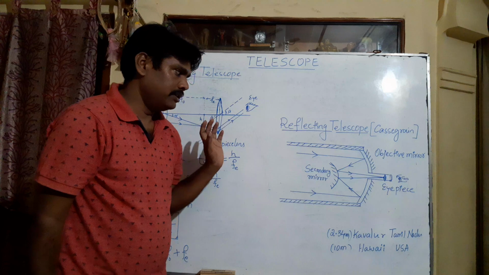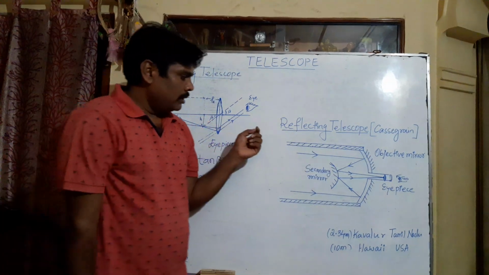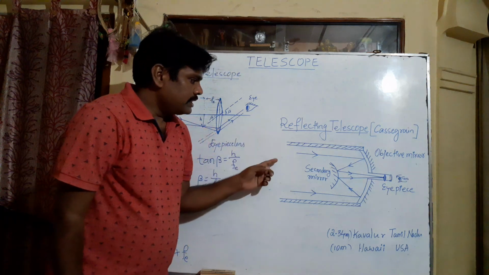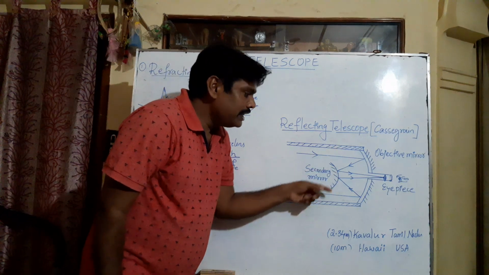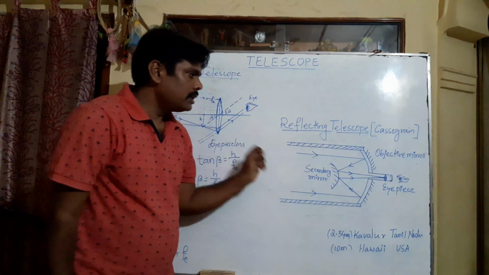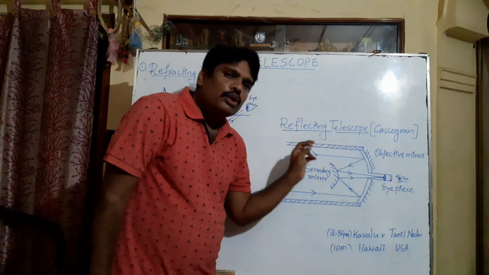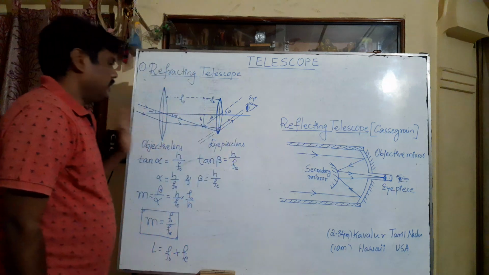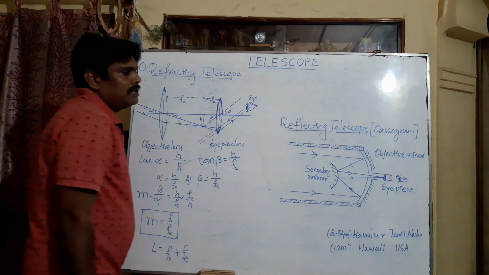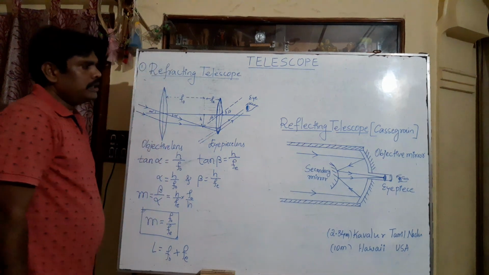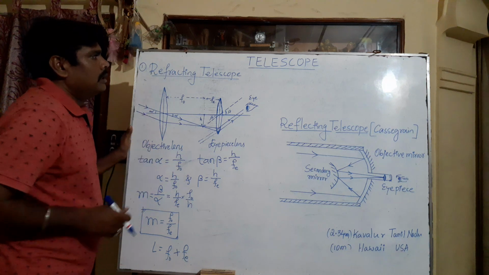The second is, since we are using a convex lens as an eyepiece, some chromatic aberration is present here also, though a very little bit, not like the refracting one. So those are the limitations of the telescope. These are the two important optical instruments, especially telescopes.